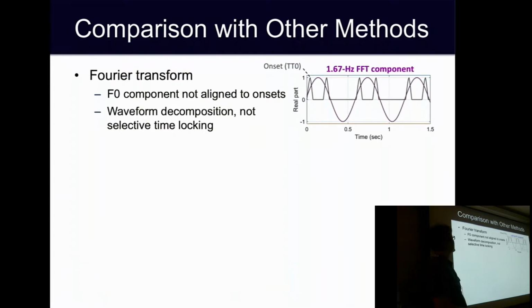If you do an FFT of the onset signal for TT0 and look at the fundamental frequency component, that's shown in purple here. Just like the oscillator with linear coupling, it straddles between the onsets, because what it does is a decomposition of the waveform, not selective locking to certain onset events.